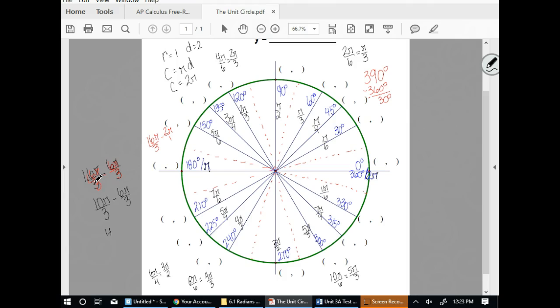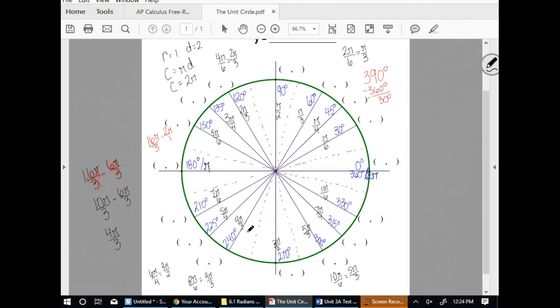So that would give me 4 pi over 3. 4 pi over 3 is on the unit circle. It is right here. So if you get a number that is too big, you can always get it to be something that is actually on this unit circle by adding or subtracting a full rotation.